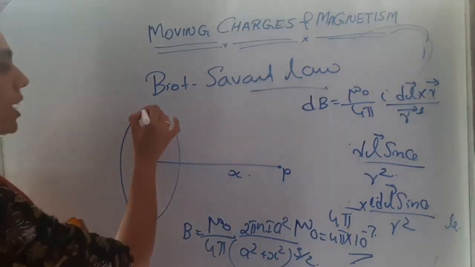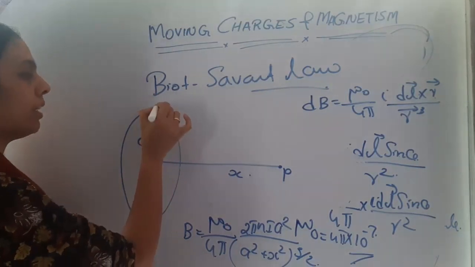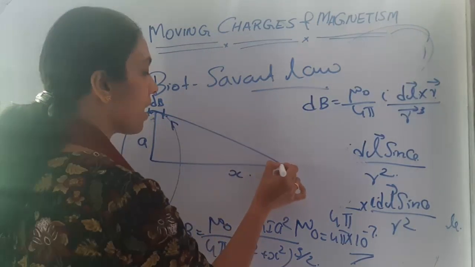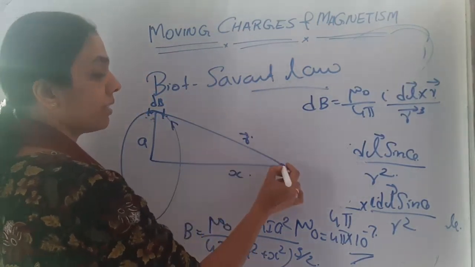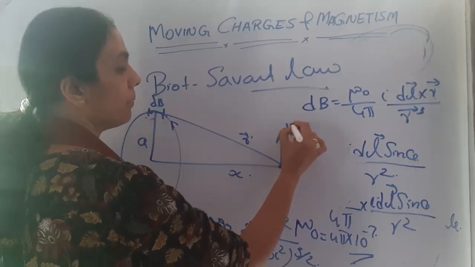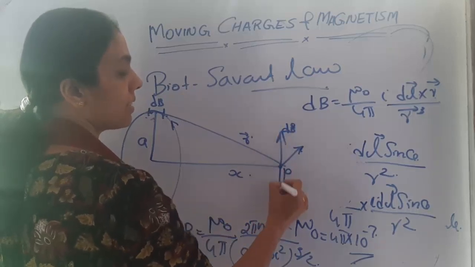See here, this and all explanation is already given. dB, I is the current flowing through that element, and here this distance is r, and dB will be acting in this direction, and here dB cos theta, and this is dB cos theta.